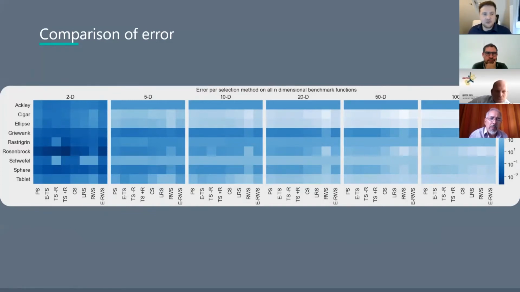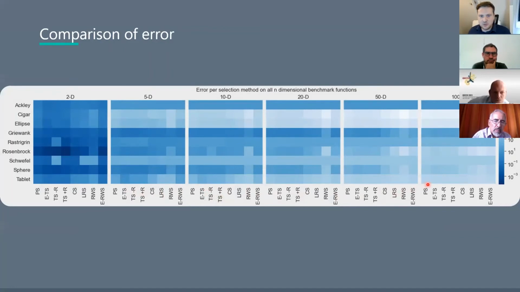What we see are various patterns. First of all, we see that the error increases as the dimensions increase as well. We also see that there's a group of selection methods that is always a tint darker than the neighboring selection methods, which are the tournament selection ones.